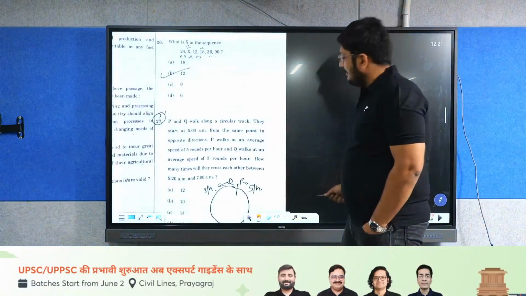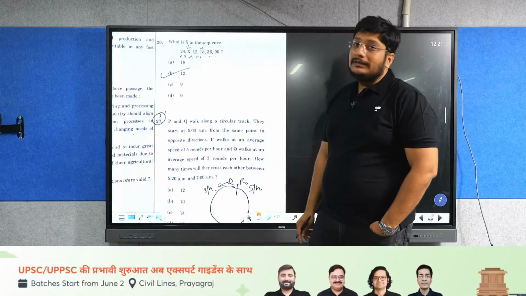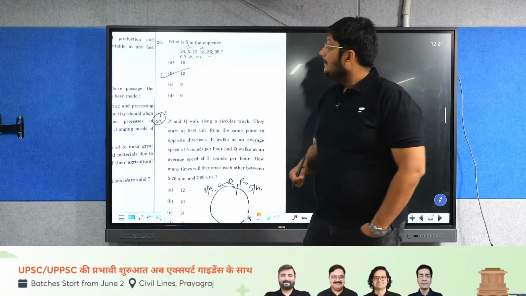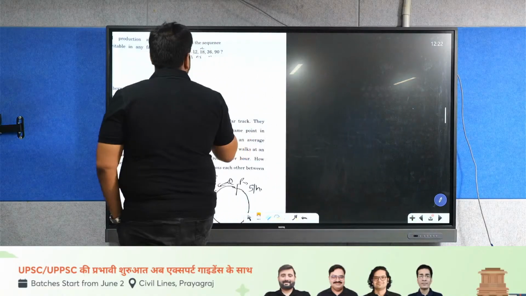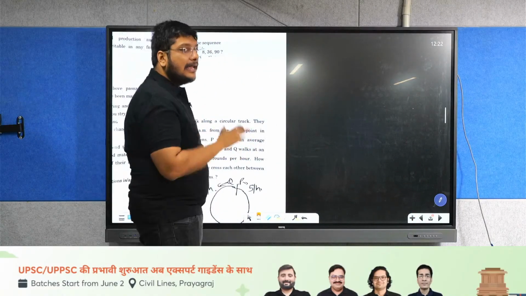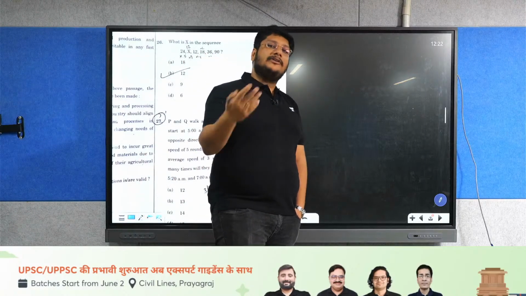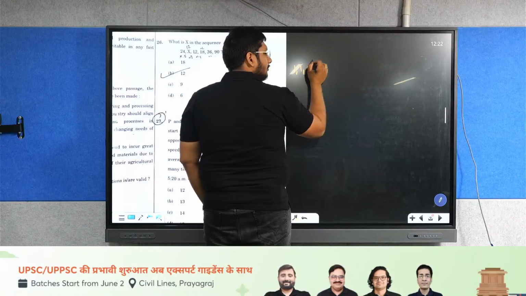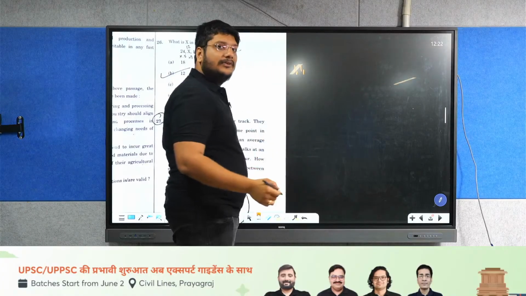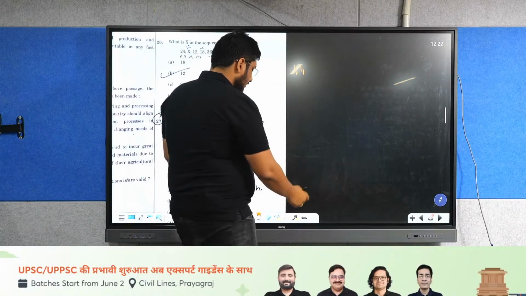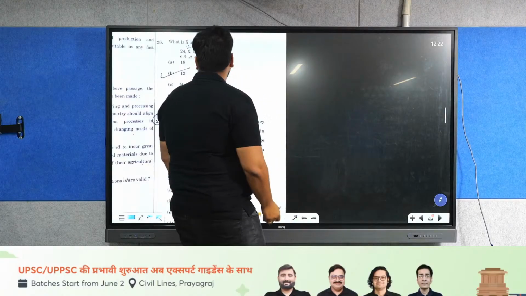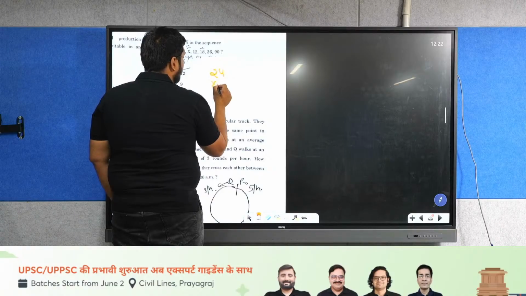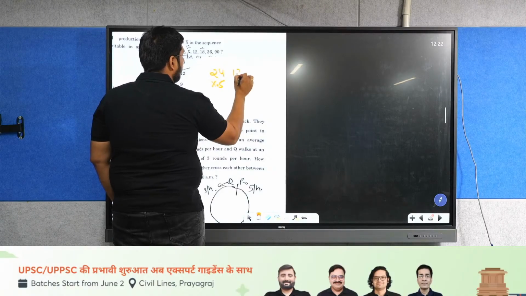Question number 26th. Talking about what is x in this sequence. We are finding about x. We have done the same type of series in the class, but a different number. I have made you do 1, 1, 1.5, 3, if you remember. Same thing it is asked. Why? 24 multiplied by 0.5 is 12.